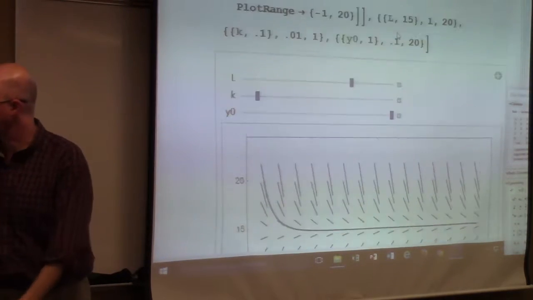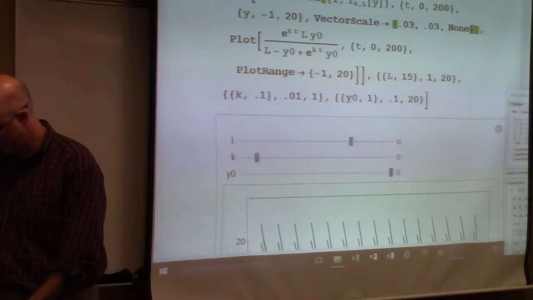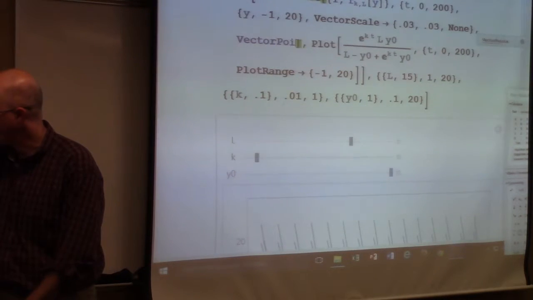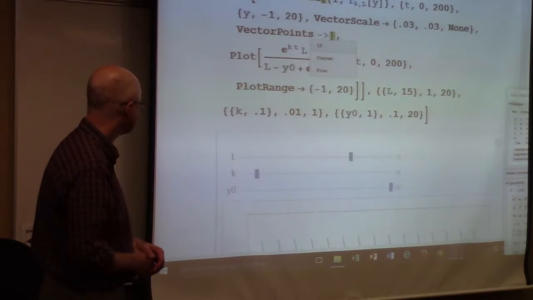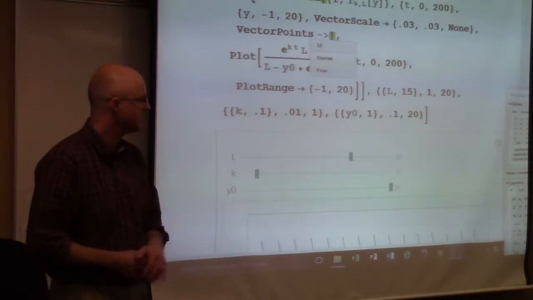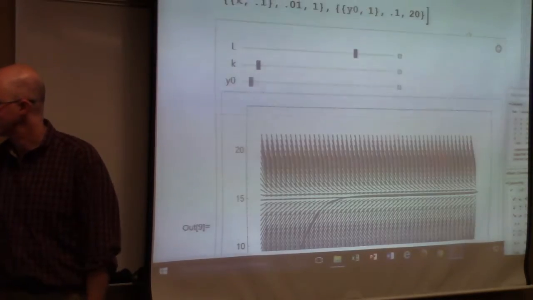I can add more line segments in here, by the way, to make this even more pronounced. If I go back up here and do a comma, vector points arrow, and if I pick something bigger than 15, I think you'll see more line segments here. If I pick 50, for example, you see a lot more line segments.